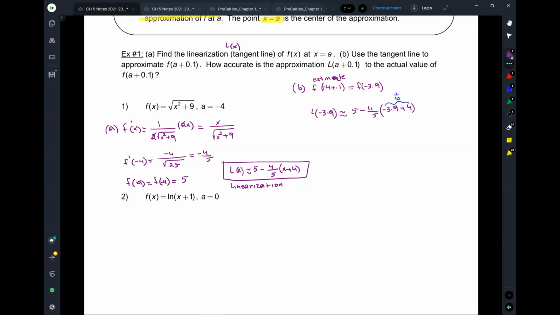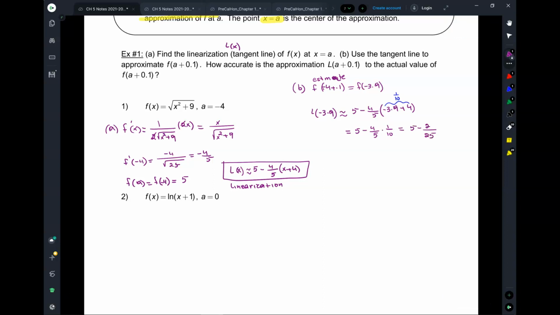L is approximately equal to this. But now, if I want to do the arithmetic on the right side of this, that is equal to 5 minus 4 over 5 times 1/10, which is 5 minus 2 over 25.